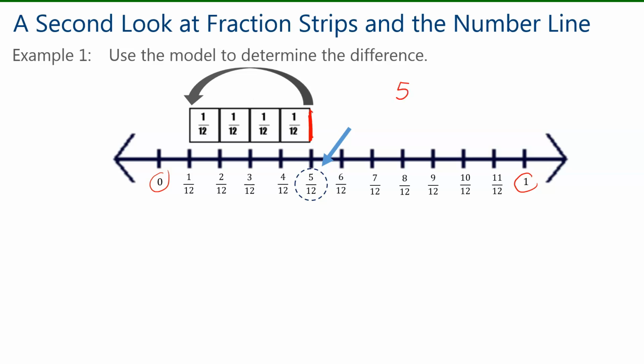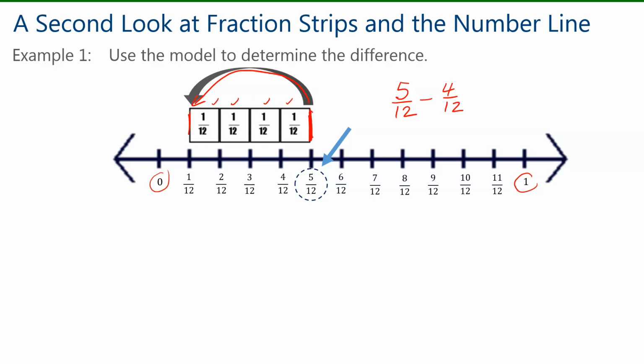So the minuend, fancy word, the fraction coming out in front, will be 5 twelfths. And we're going to subtract 4 twelfths. I have 4 of these 1/12 strips placed in. So we're going to go back 4 twelfths.